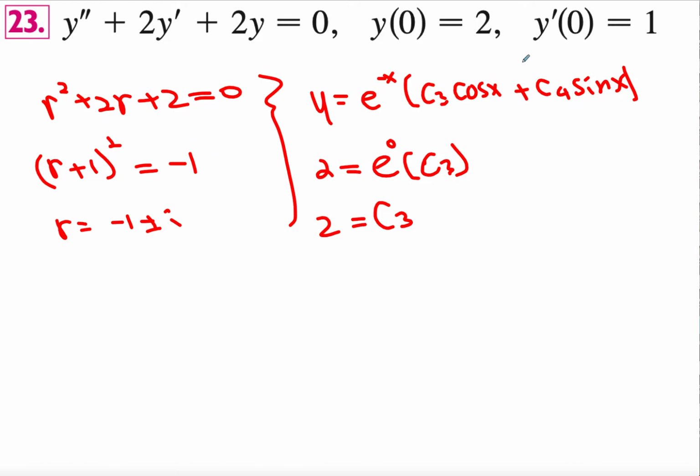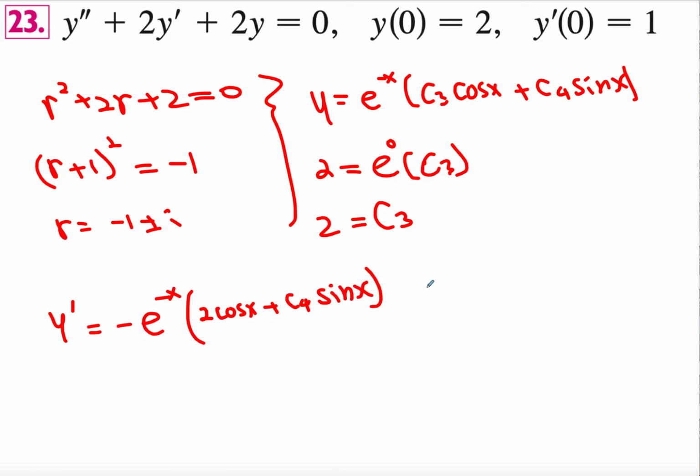Let's try to get c sub 4. Now we have to take the derivative. So then what do we end up getting? y prime becomes negative e to the negative x times 2 cosine x plus c sub 4 sine of x.